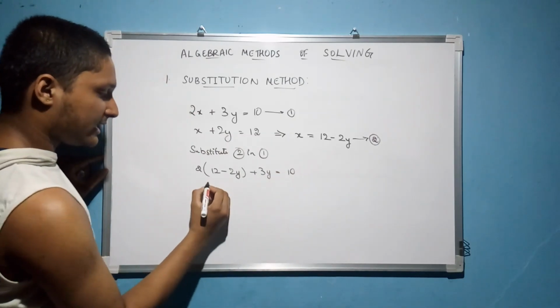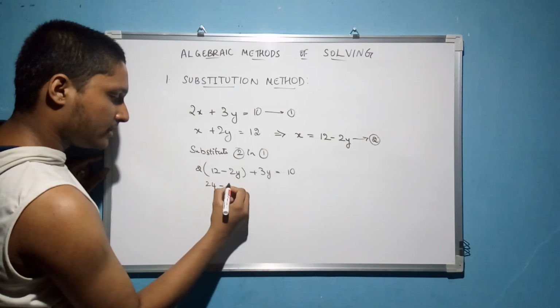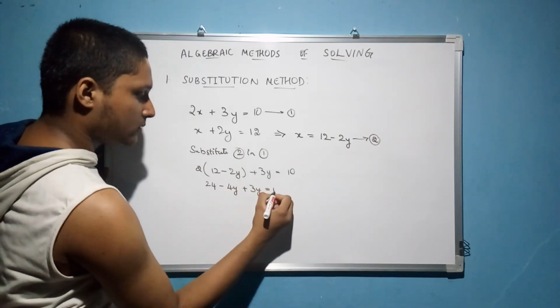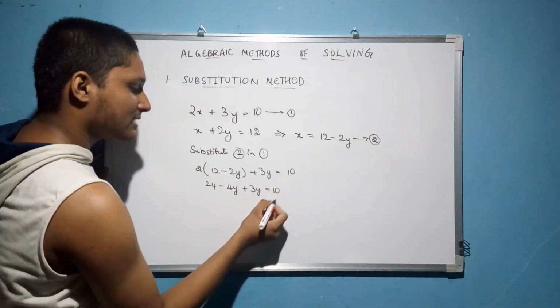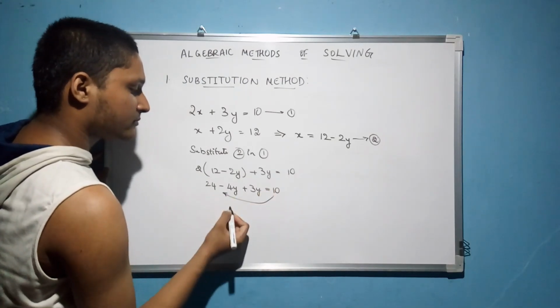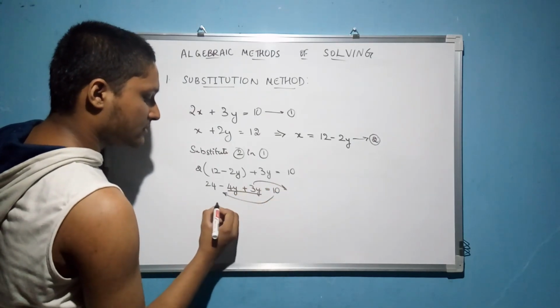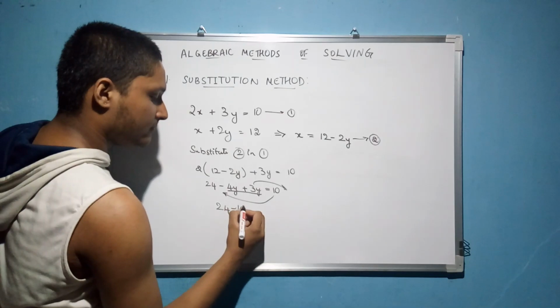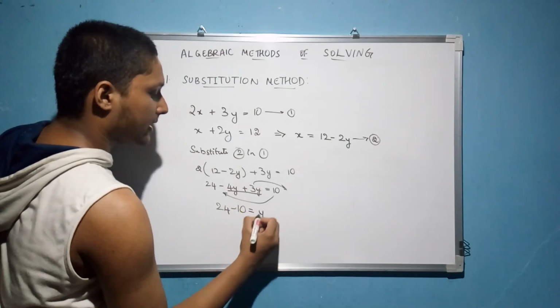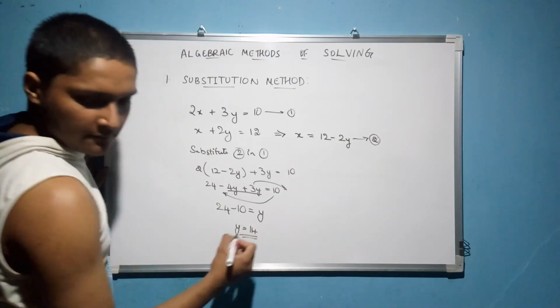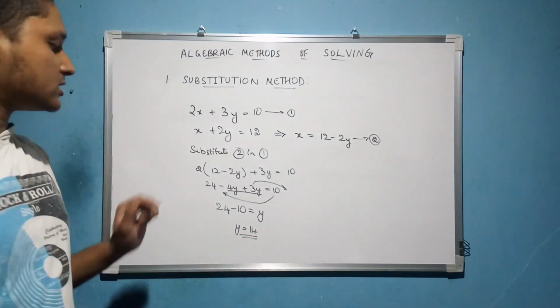Now multiply this: 24 minus 4y plus 3y is equal to 10. Bringing this 10 to the left hand side and taking the y terms to the right hand side, this becomes 24 minus 10 is equal to y, or y is equal to 14. So y is equal to 14 is part of the solution.